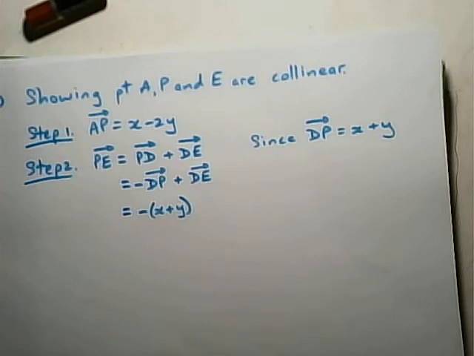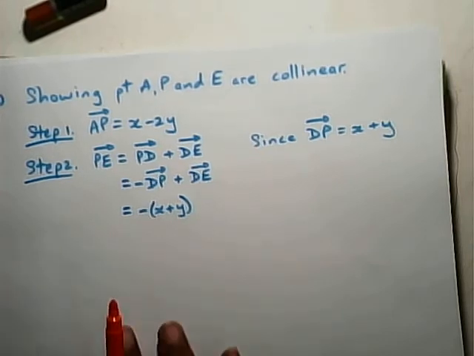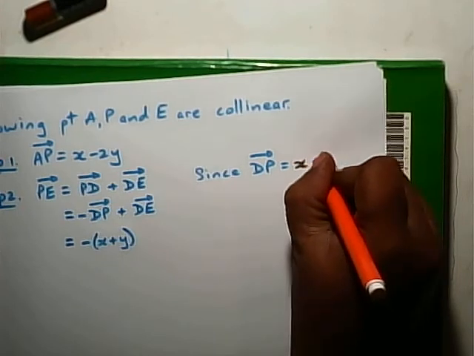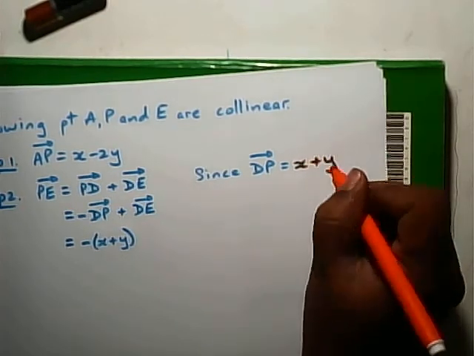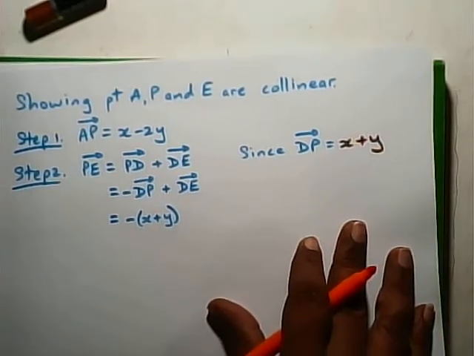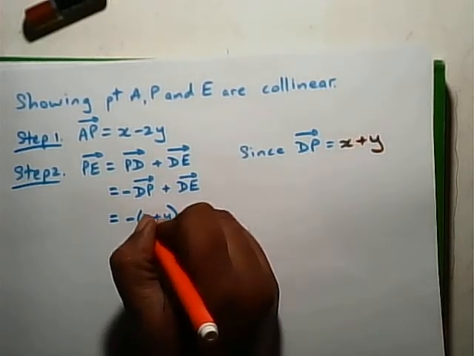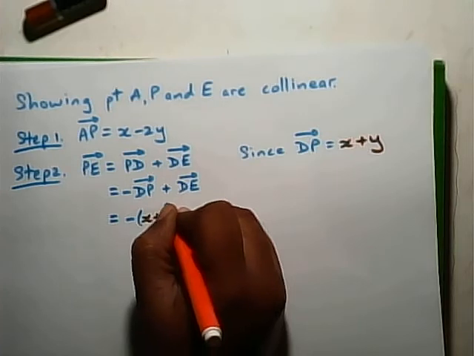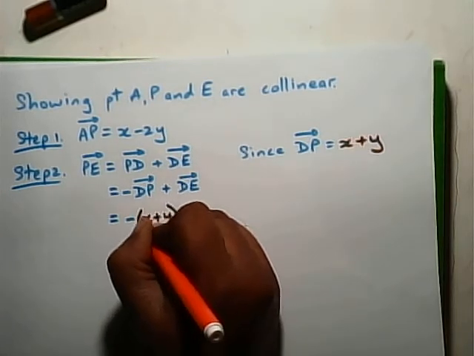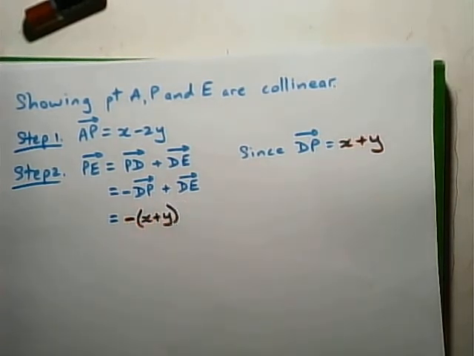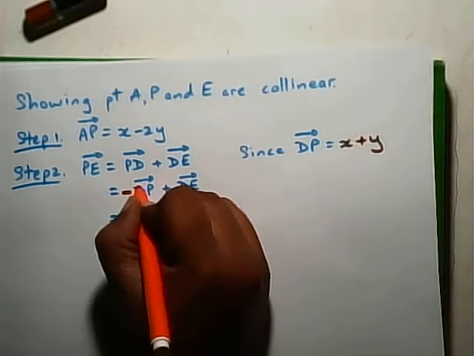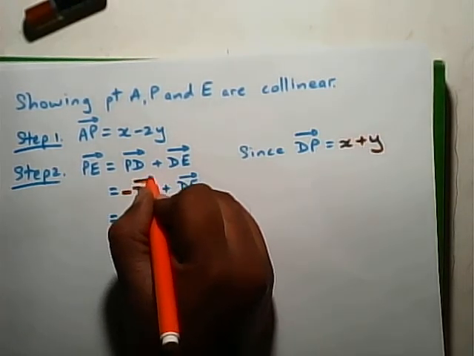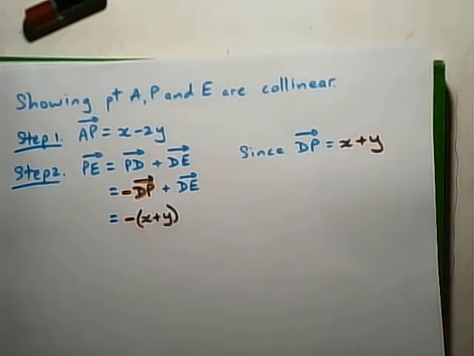Let me color code that for you. Since we want to go in reverse, it must be the minus of DP.